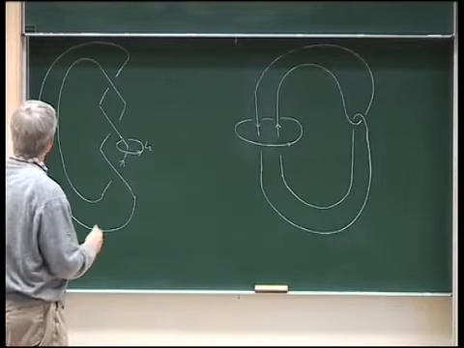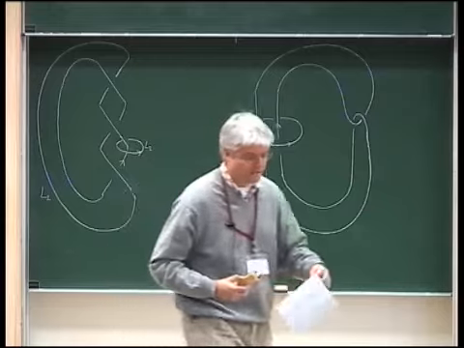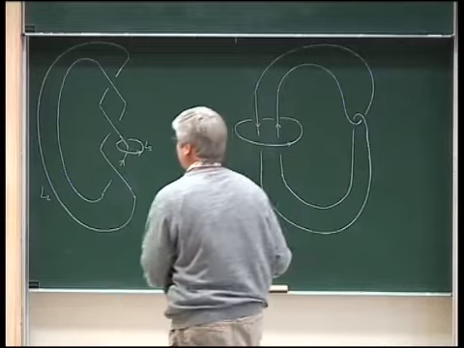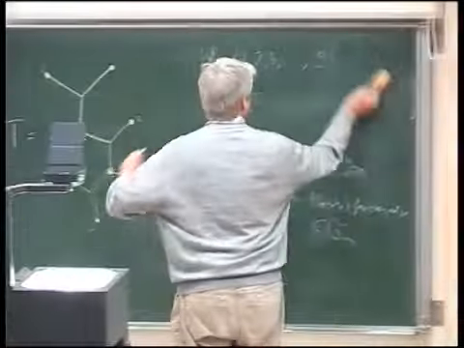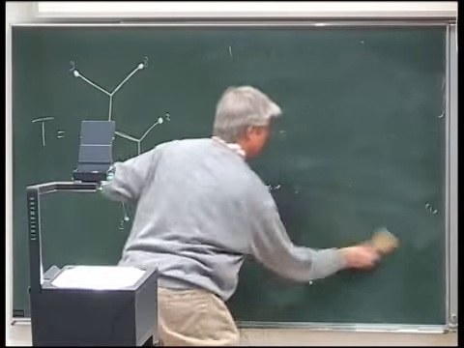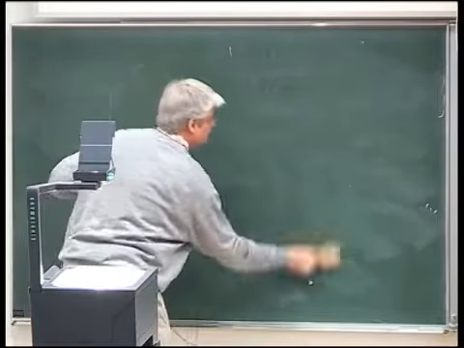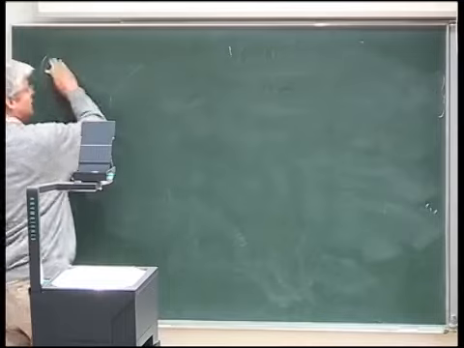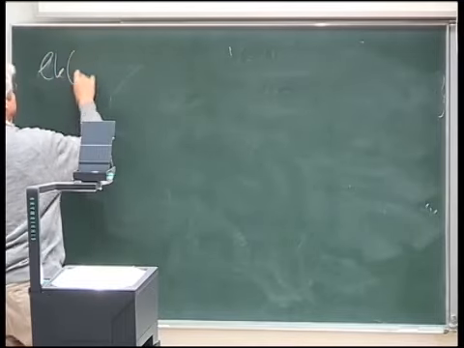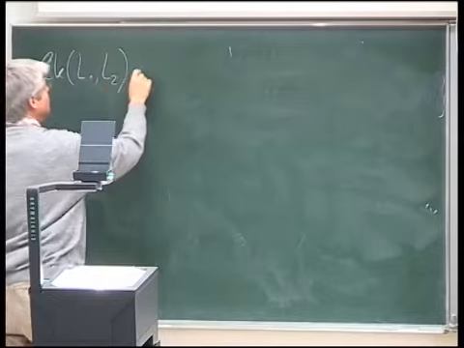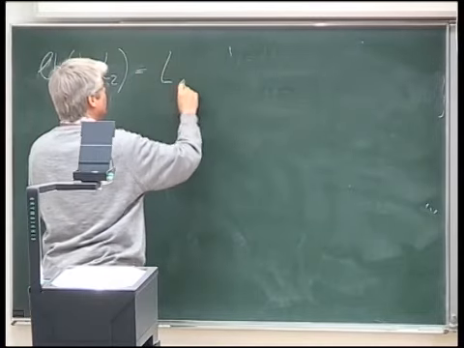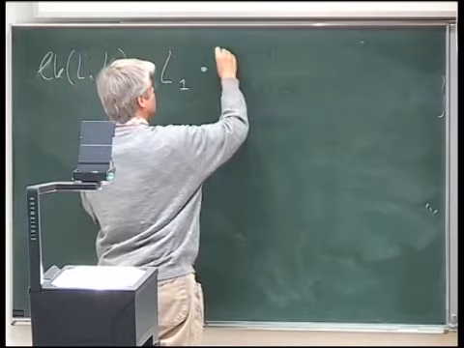And then what is the first sort of invariant of these things you can do? It's really the linking number. And what is the linking number? So the linking number of L1 and L2, I take L1 and now I write dot sigma 2.